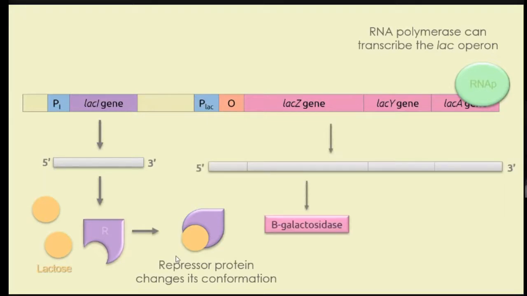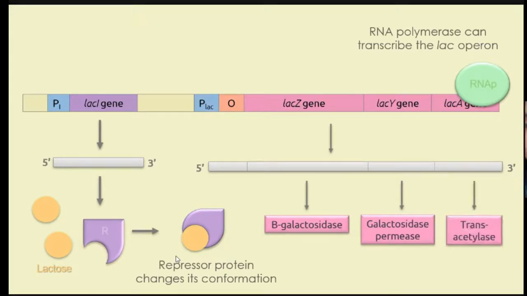Again, yung LAC-Z gene, it produces the beta-galactosidase, which catabolizes yung lactose mo into two monomers of galactose and glucose. LAC-Y gene is for the production of galactoside permease, which permits your lactose from entering outside of the cell to inside of the cell. And yung trans-acetylase, huwag yun napansinin.